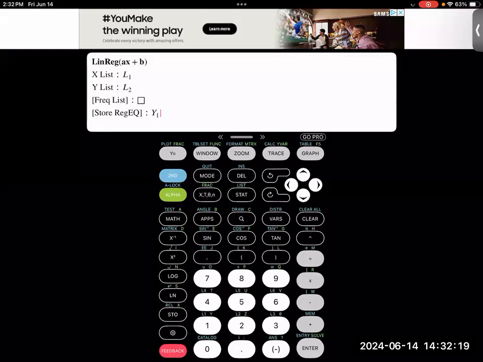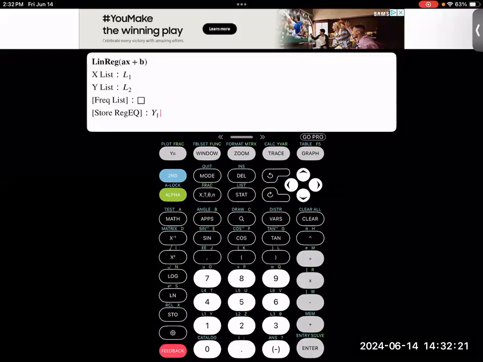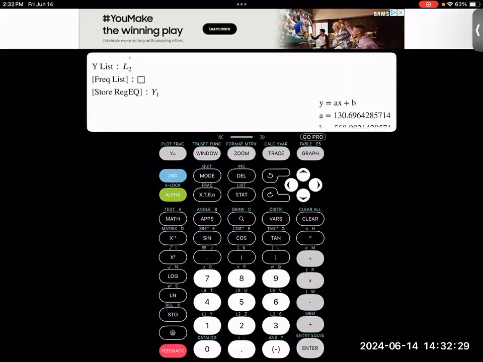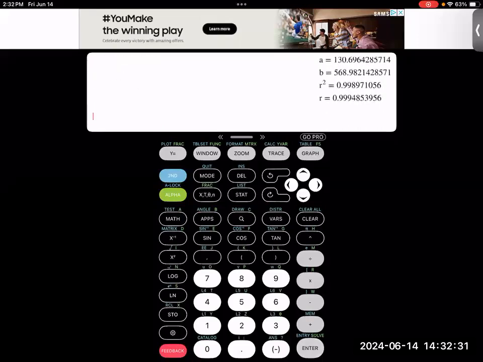If you don't have this screen, if you're working with the TI-83, it should just say LinReg and then Y1. That's perfectly fine. Go ahead and hit enter, and it pulls up this whole thing. Now, if yours doesn't pull up r or r squared, please go back to the video where we talked about average error, where it showed how to find your correlation coefficient, that r in r squared.